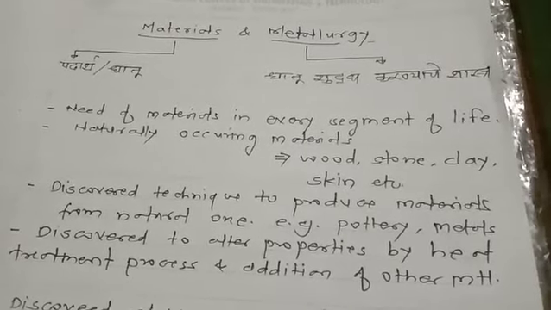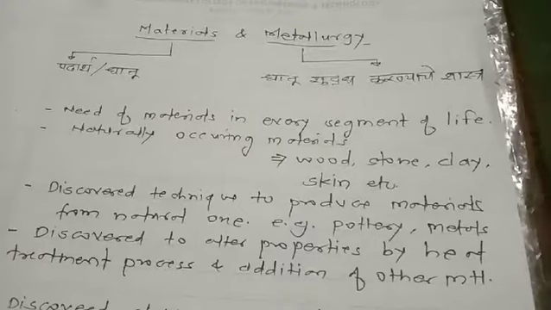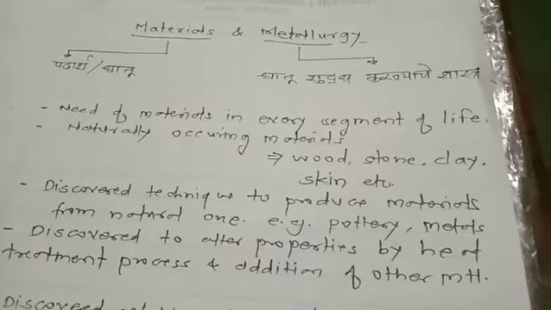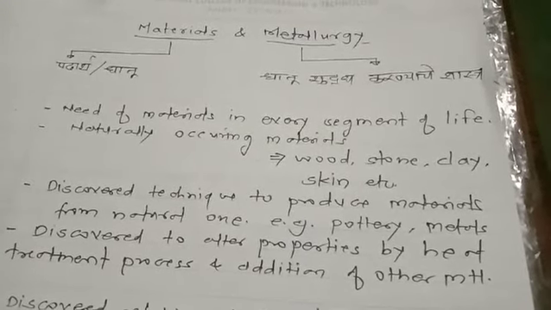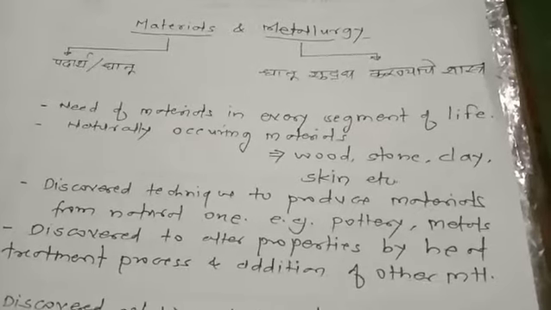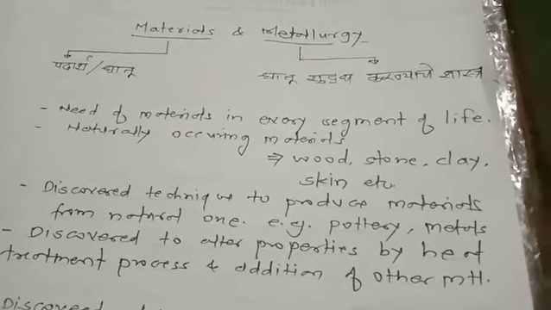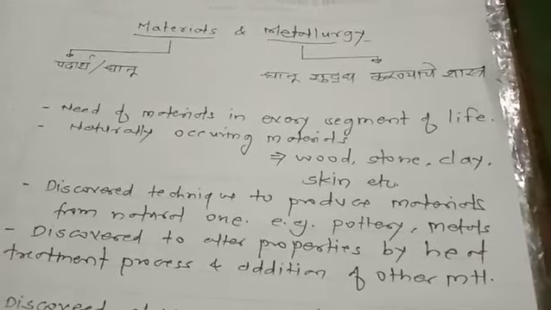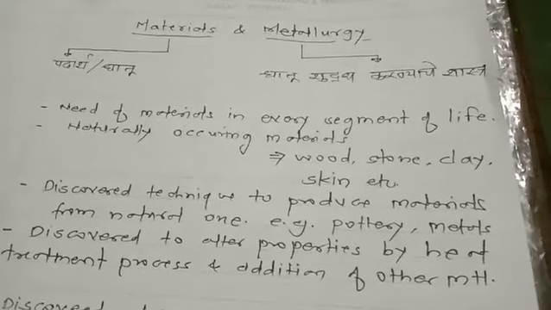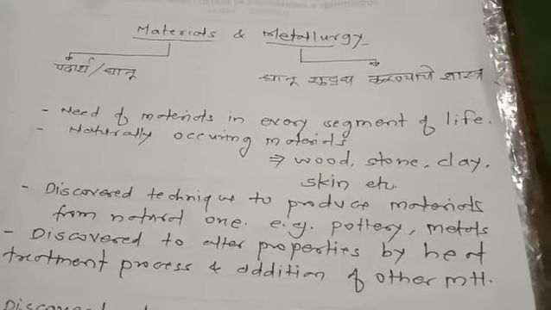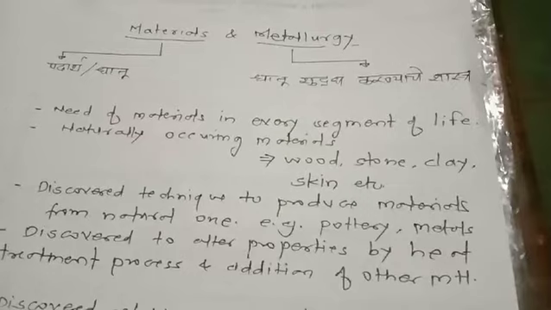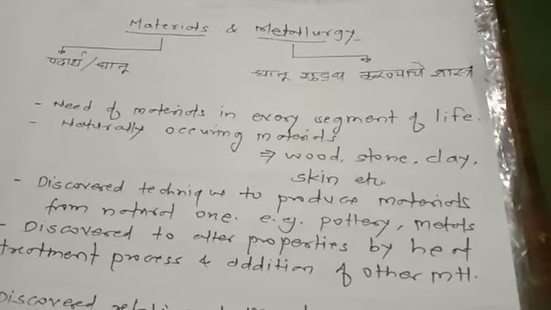Naturally occurring materials were present, then man found out the technique to produce material from the naturally occurring material, right? That means pottery, and another material that can be metals, right?